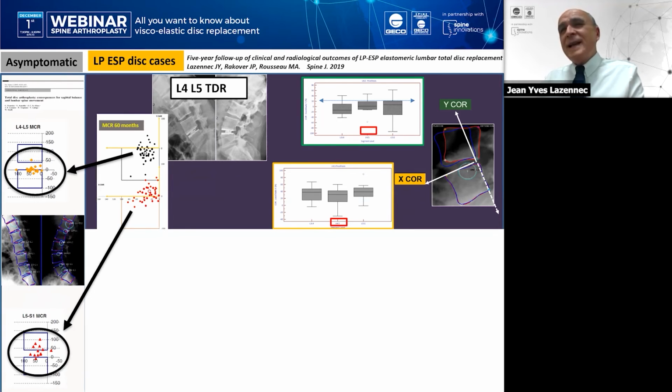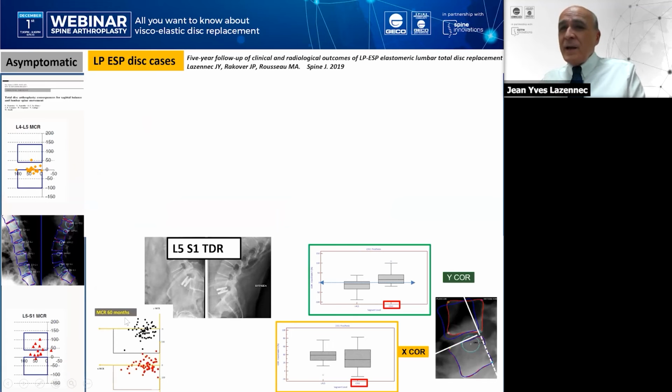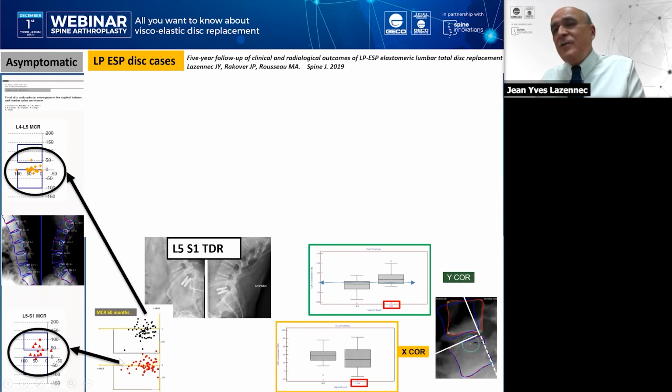It is very surprising that we don't have discrepancies regarding the normal life of those patients. You can say to me, okay, it is for L4, L5, the level with more mobility and more translation. What about L5, S1, the level of compression? Again, you have L4, L5 non-operated level and L5, S1 operated level. And you can compare, it is very intuitive. You see that the cloud of the center of rotation is quite the same.